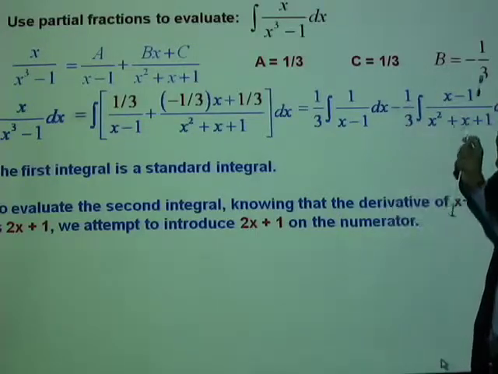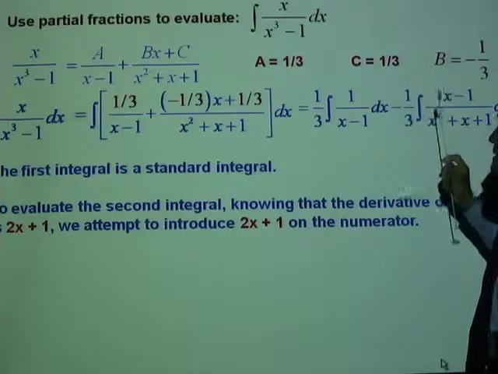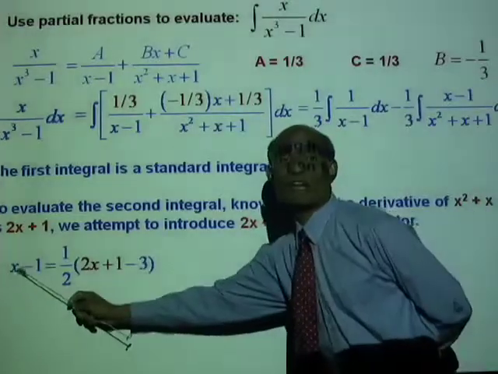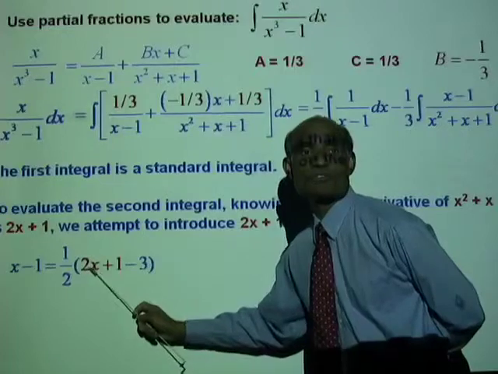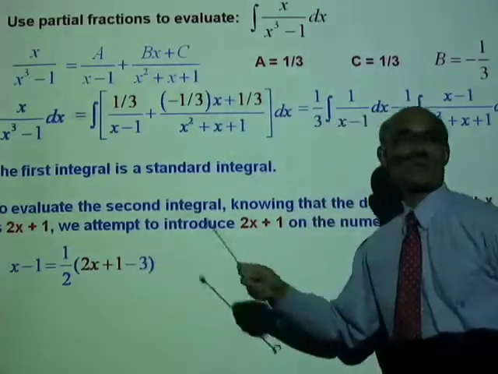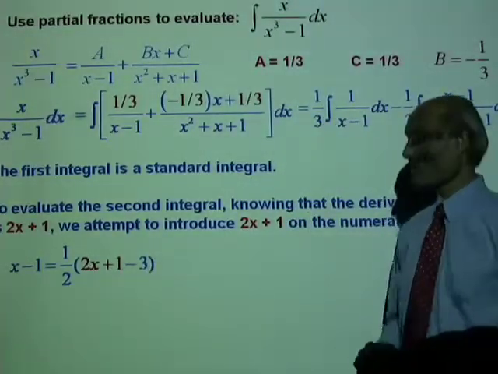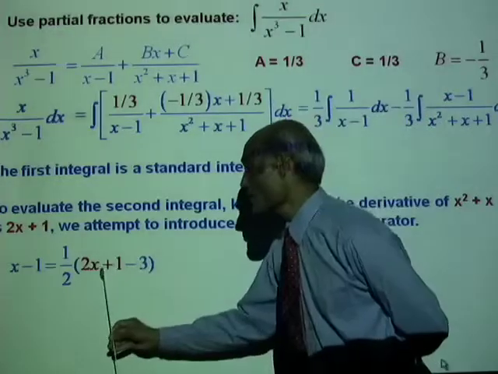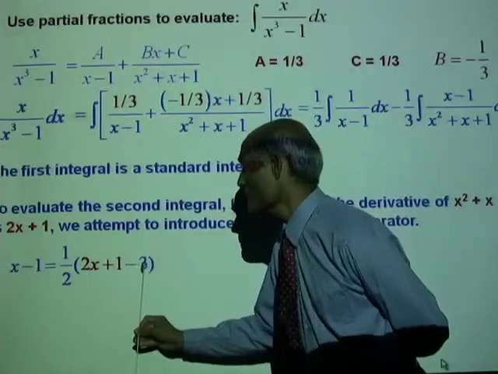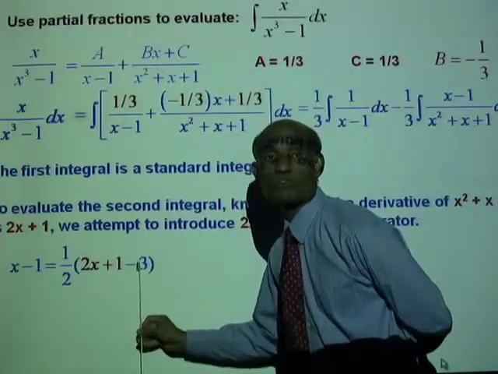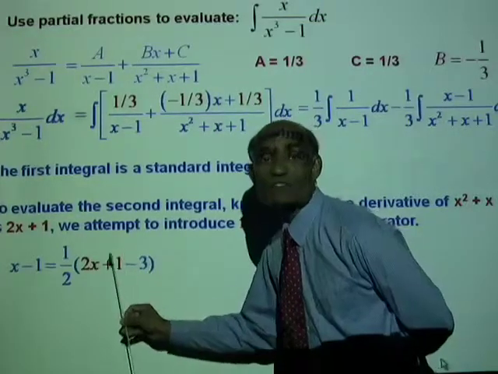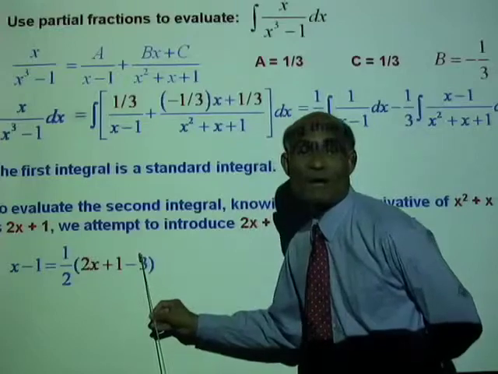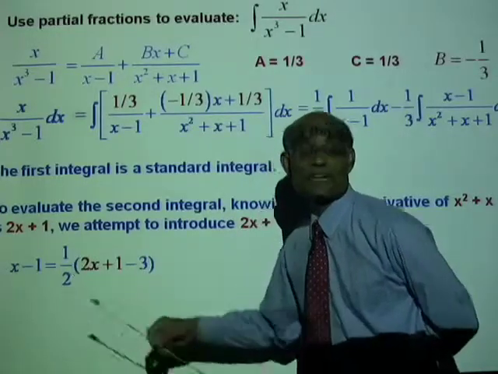First of all, look at this. x minus 1 can be written as 1/2 of 2x plus 1 minus 3. Is that possible? Well, you can see plus 1 minus 3 is minus 2. So 2x minus 2 is 2 times x minus 1. And the 2 will cancel.